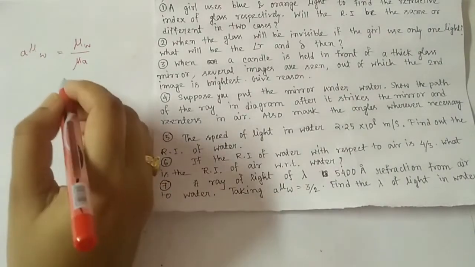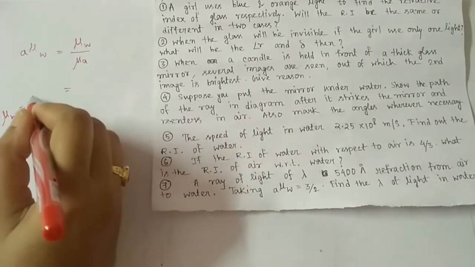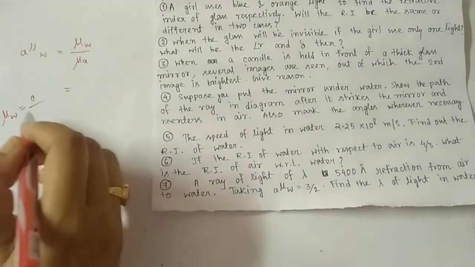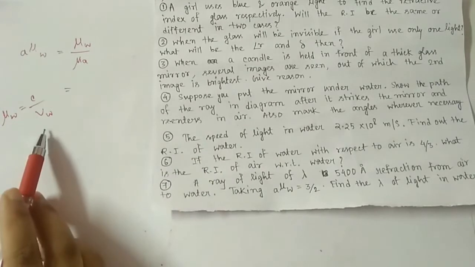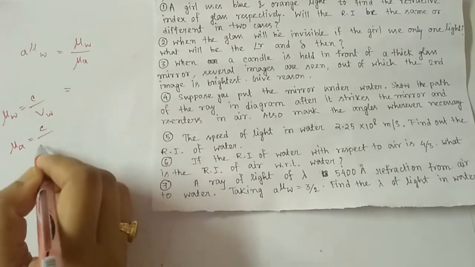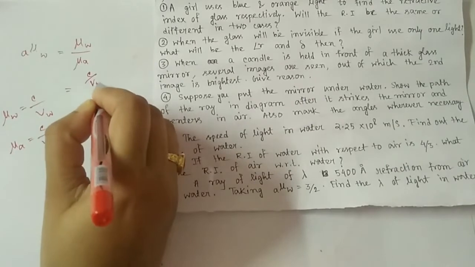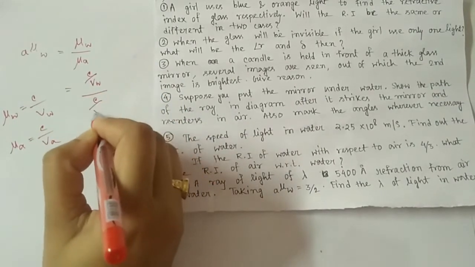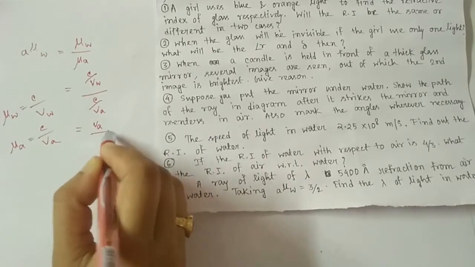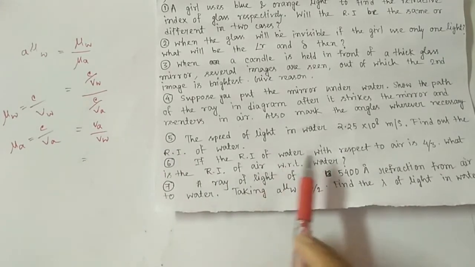So μw can be written as c, the velocity of light in air, by vw, the velocity of light in water, and μa, the refractive index of air, can be written as c by va. So finally c by vw by c by va, so finally it will be va by vw.